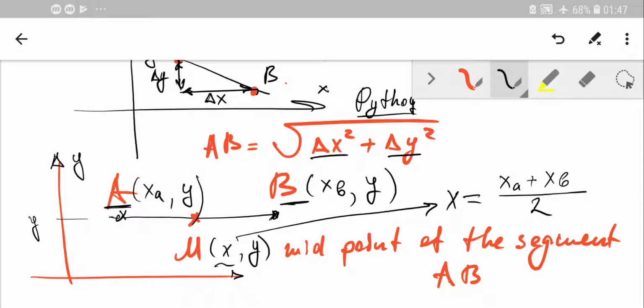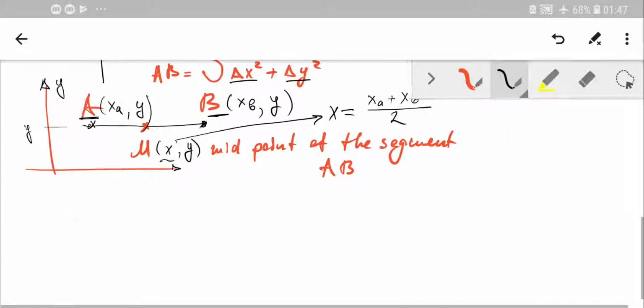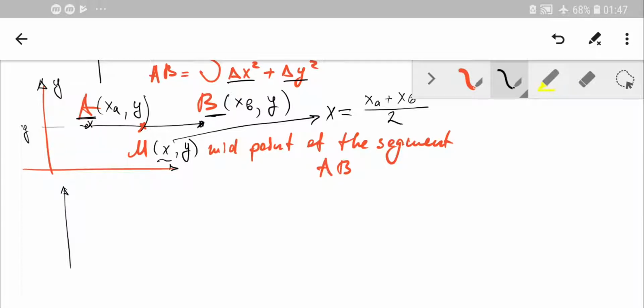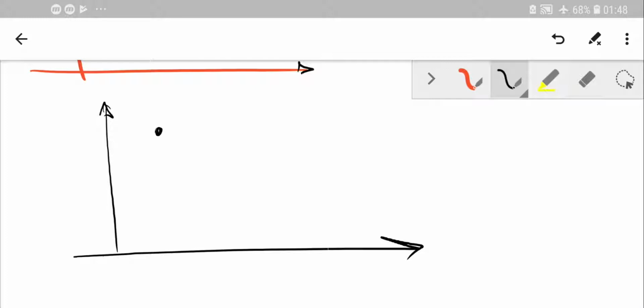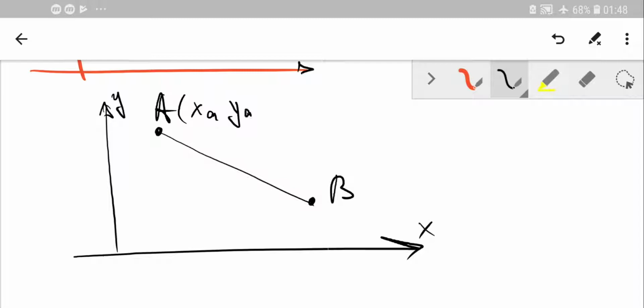But what if you have a segment that's inclined, so it has some angle to the y and x-axis? Let's say A has coordinates xa and ya, and for B you have corresponding coordinates xb and yb.